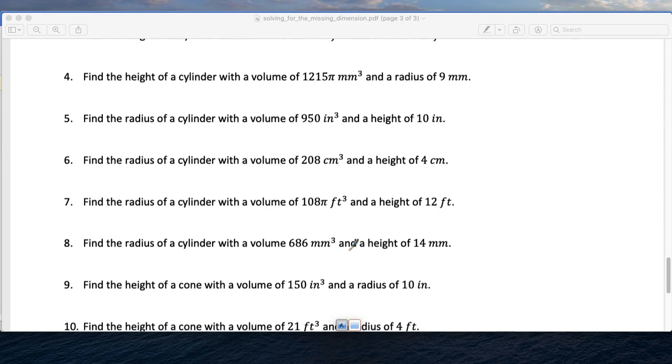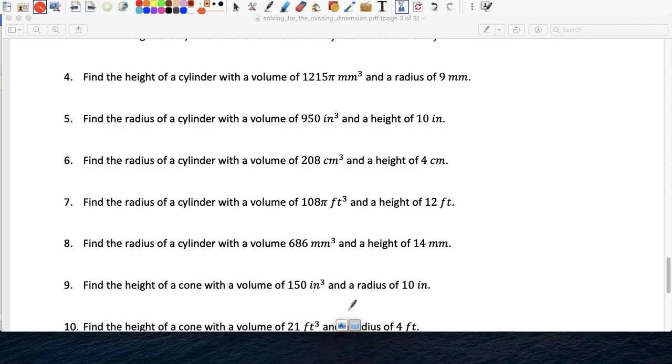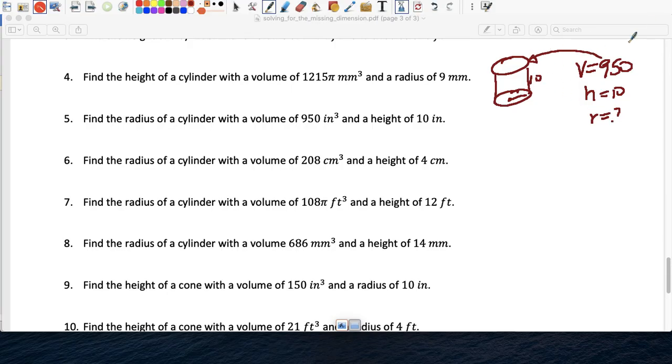So let's do a few cylinder with the radius. So let's go for 5. Again, it's a cylinder, but this time around, I need the radius. So volume equals 950. The height is 10, but the radius is my unknown. 950 is the amount of inch cubes that fit inside, and we want the radius.